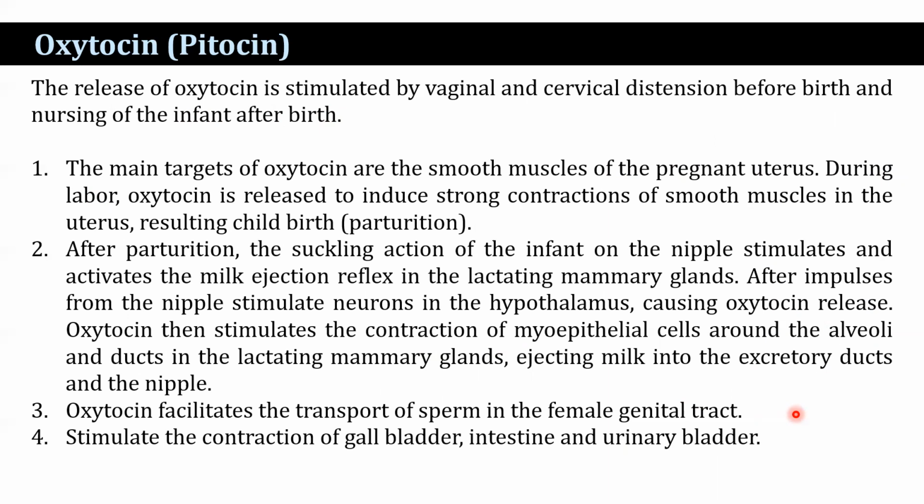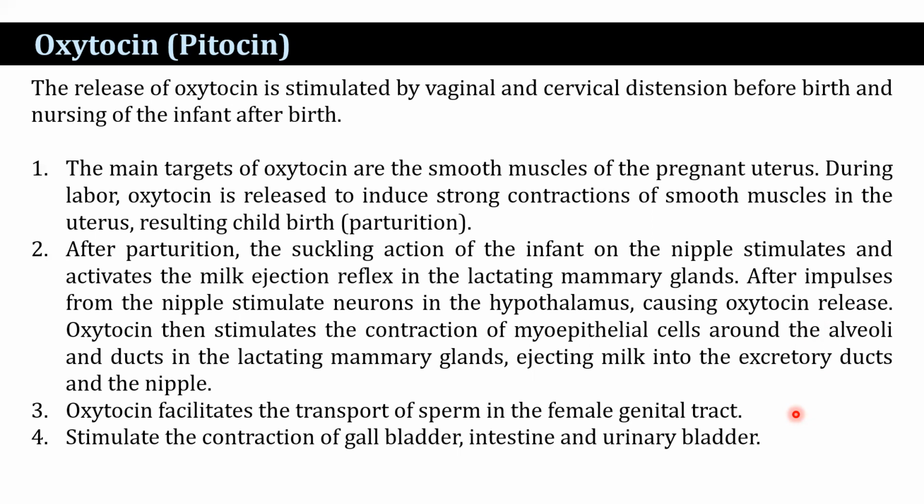During labor, oxytocin is released to induce strong contractions of smooth muscle in the uterus, resulting in childbirth. After parturition, the suckling action of the infant on the nipple activates the milk ejection reflex in the lactating mammary glands. Impulses from the nipple stimulate neurons in the hypothalamus, causing oxytocin release.